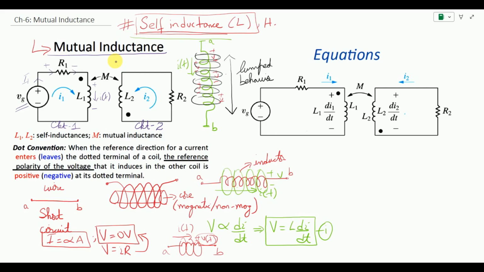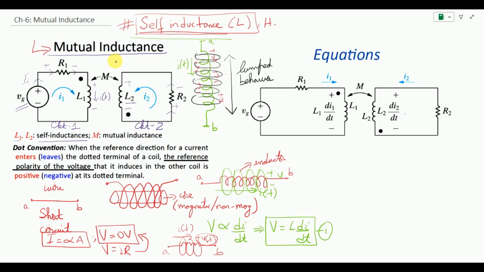So we say that L1 is a self-inductance, which is why we label it as L1. The same thing can be said about L2. If the current I2 flows through it, followed by this resistor, L2 is also a self-inductance, an inductor capable of self-inducing an EMF.